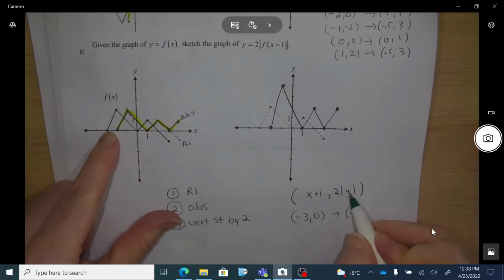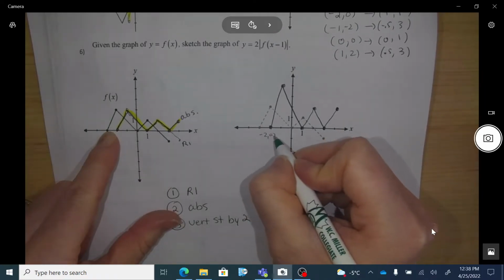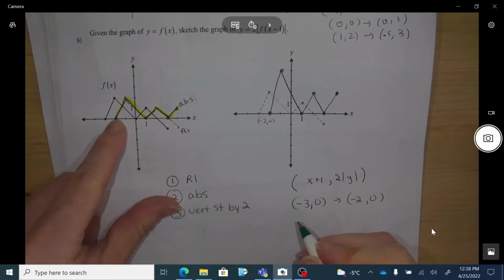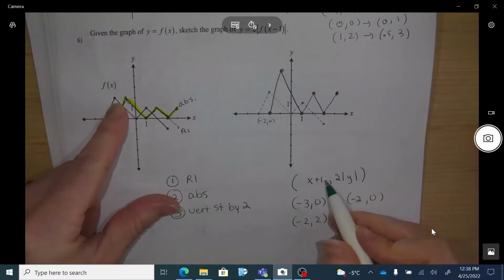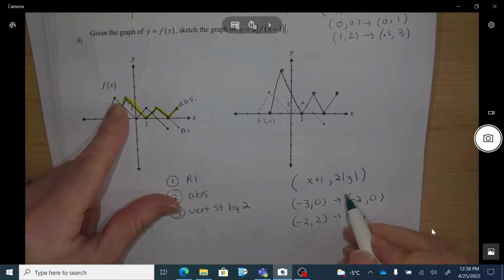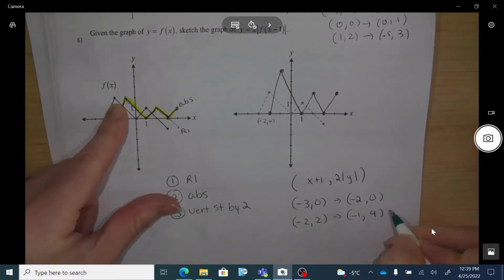The absolute of that is 0 times 2. So we have that. That worked. We'll go with the original negative 2, 2. So negative 2 plus 1 is negative 1. The absolute value of 2 is 2, so that would go to 4.